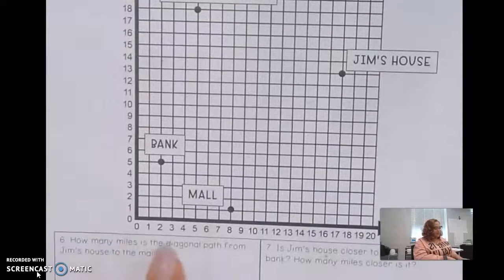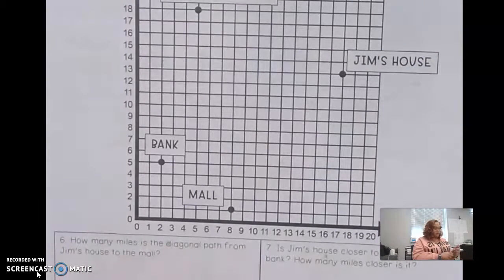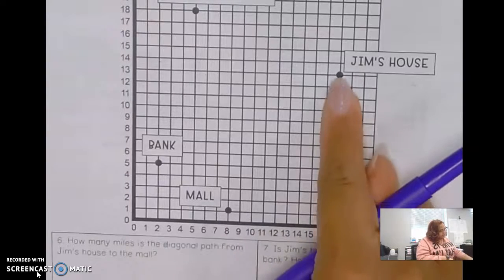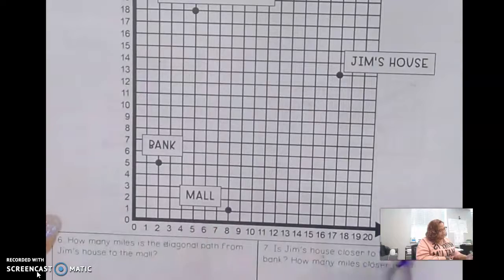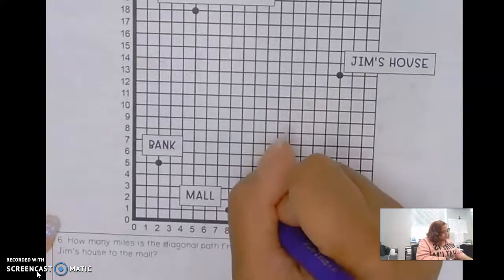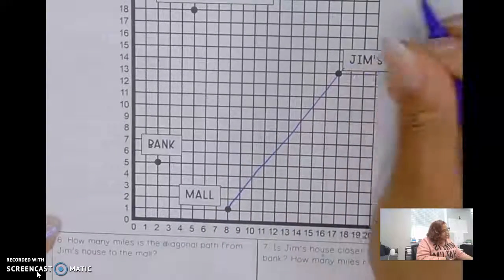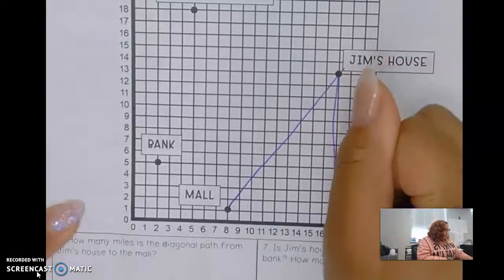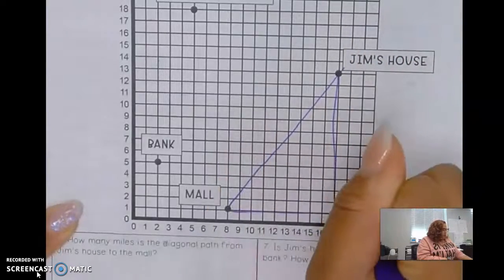All right, so how many miles is the diagonal path from Jim's house to the mall? So Jim's house is at 17, 13 and the mall is at 8, 1. So I'm going to go diagonal, down and over.